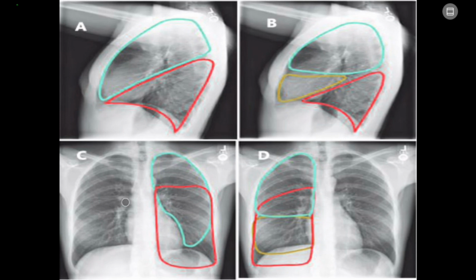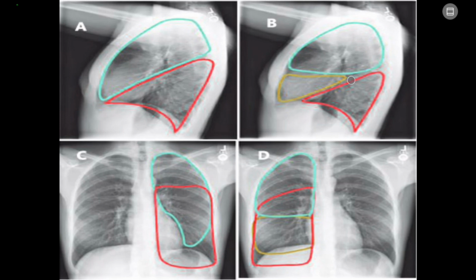So in the AB or BA projection, we see this as 2D, and we can't define the depth of the lung or the lobar anatomy of the chest.